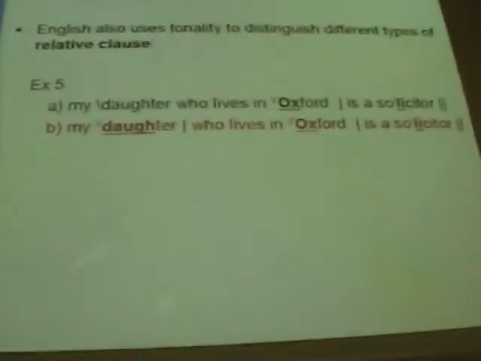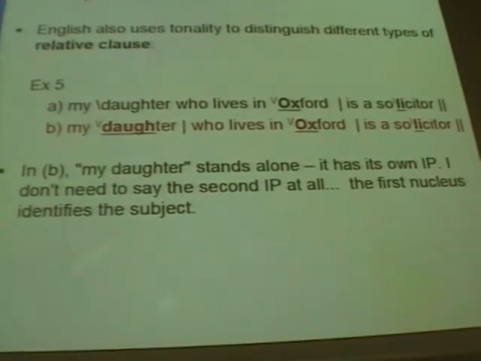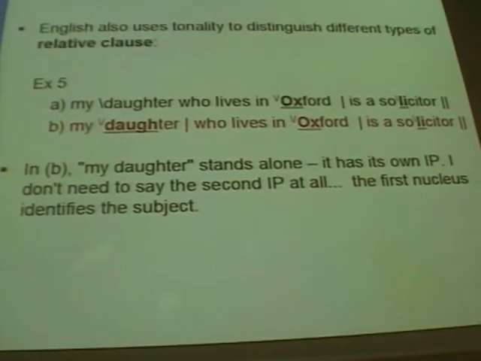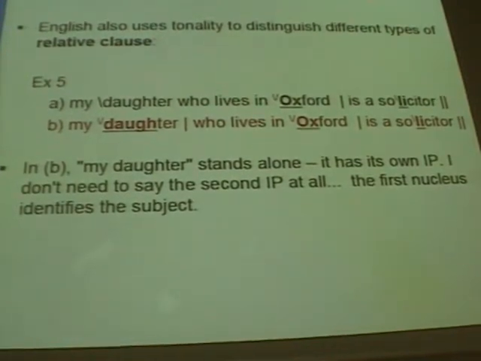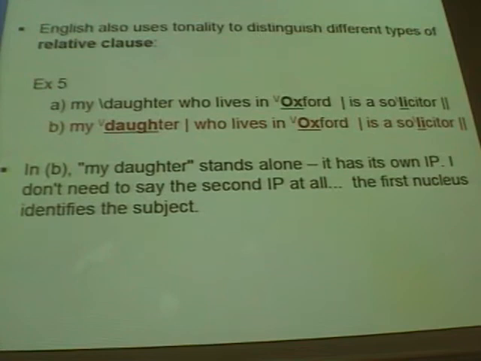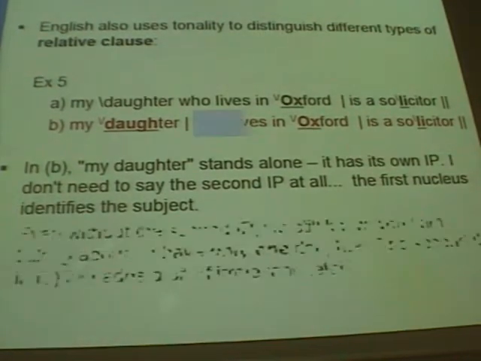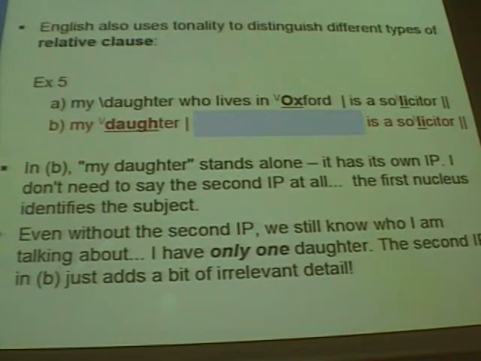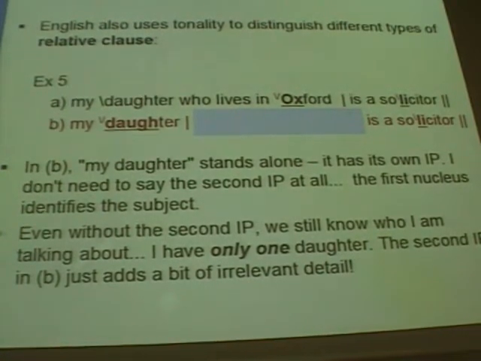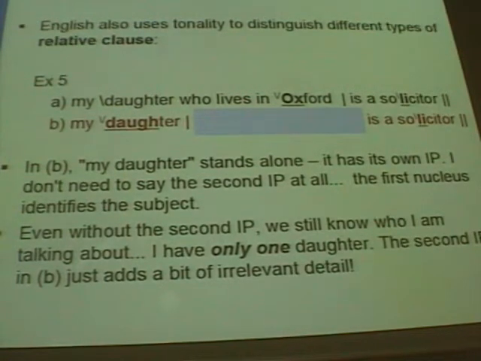In the second one, my daughter now stands alone. My daughter is a solicitor. I don't even need to say that second intonational phrase. My daughter is a solicitor. All that second phrase is doing is adding a bit of irrelevant detail.